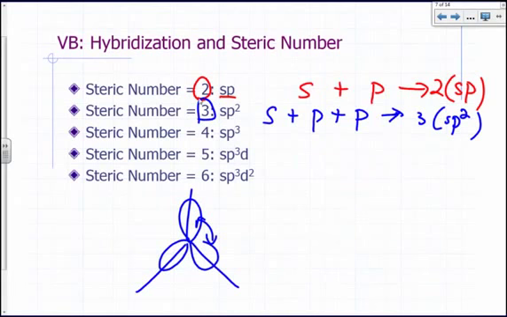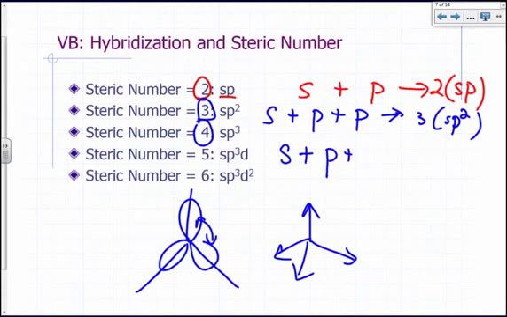Similarly, to account for the tetrahedral arrangement of 4 electron domains sticking out of an atom, you have to hybridize an s orbital with 3 p orbitals, and that gives you 4 sp3 hybrids.